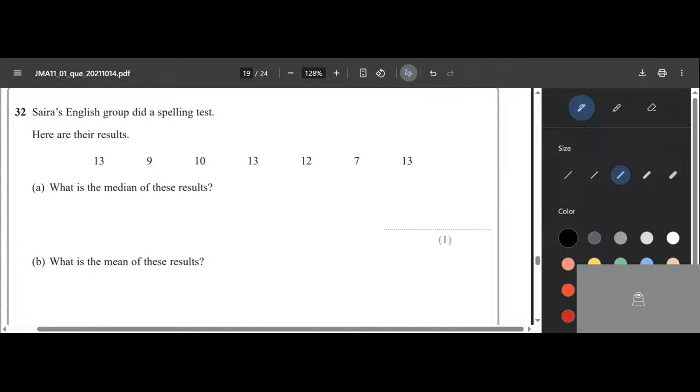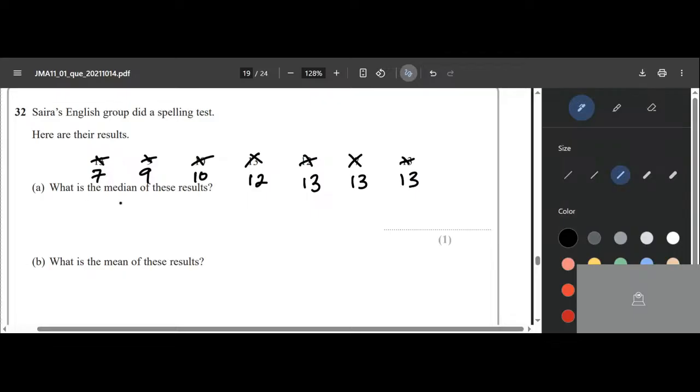So the smallest here is 7. So I'll just write it here, 7, and I cancel it out. Then we have 9. I'm doing this to make sure that I don't leave anything. Then we have 10, then 12, then 13, 13.